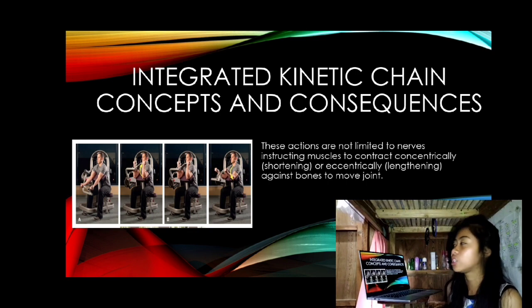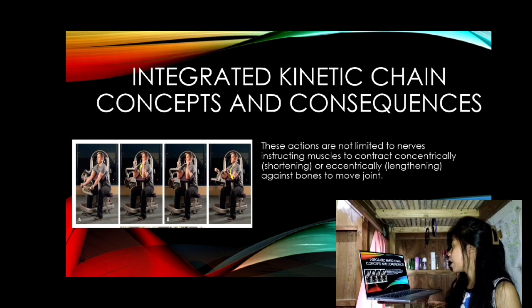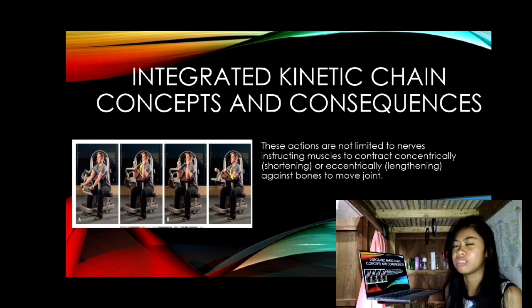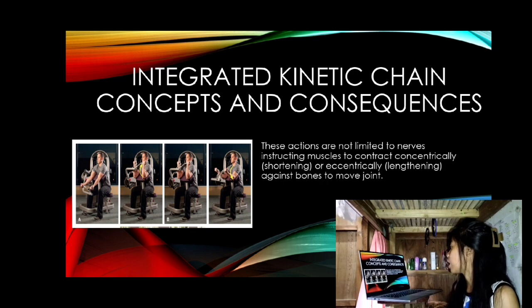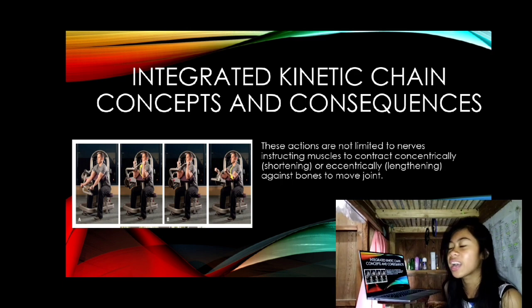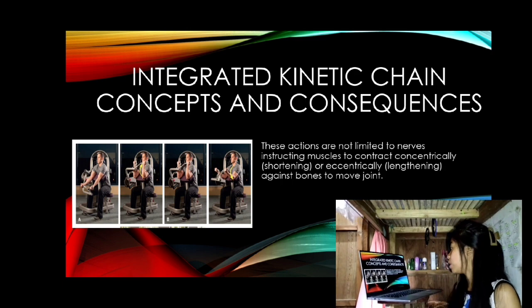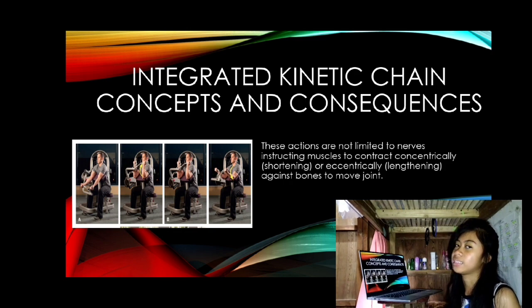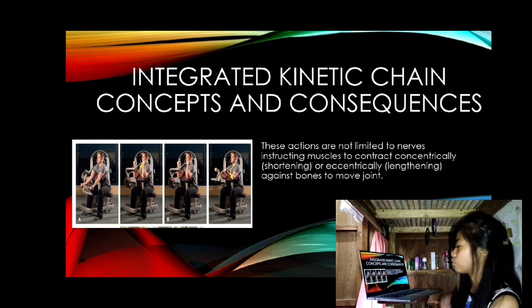Integrated kinetic chain consequences. These actions are not limited to nerves instructing muscles to contract concentrically, the shortening, and eccentrically, the lengthening, against bones to move a joint. In picture A, the muscles contract in shortening, and picture B shows the muscles contracting eccentrically, or lengthening, against bones to move the joints.